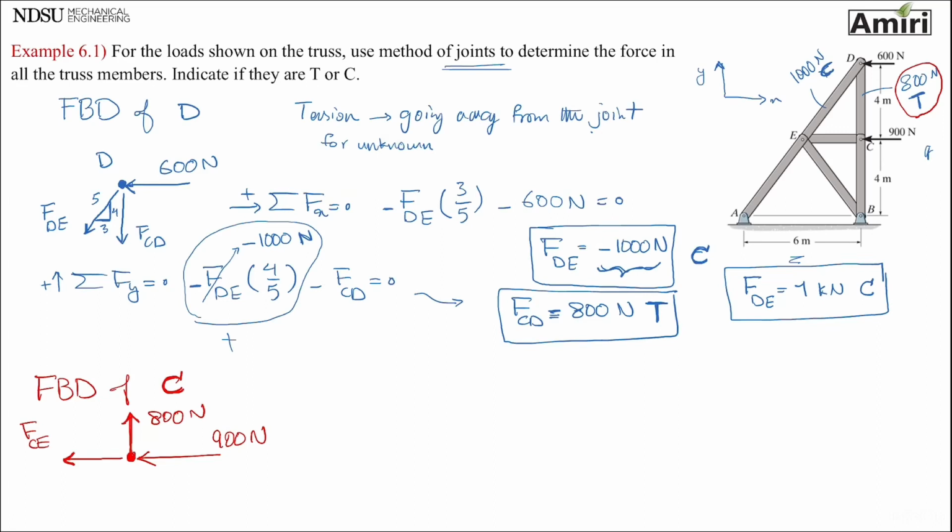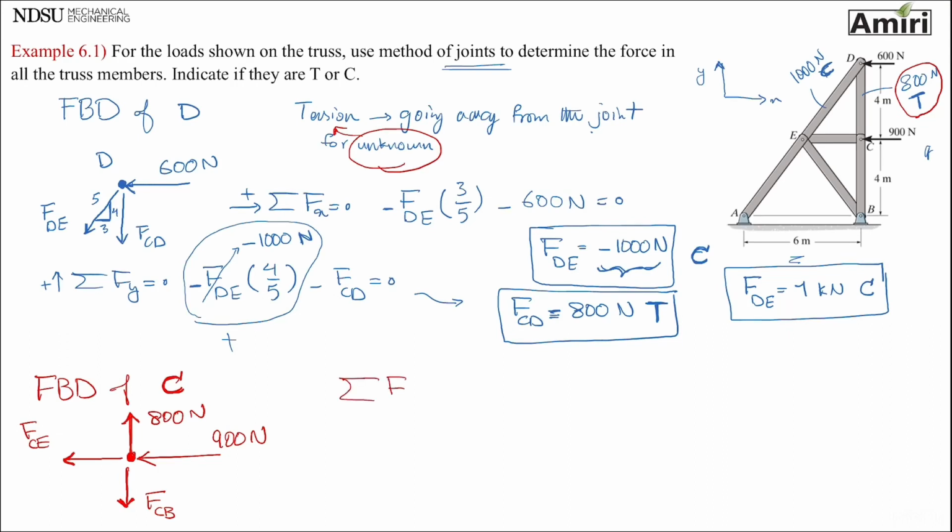And then I have another unknown force of CB, which I draw that one also in tension. So unknown, I always draw it in tension. The known one, such as this 800 or that 900, I have to put the direction which they're pointing.